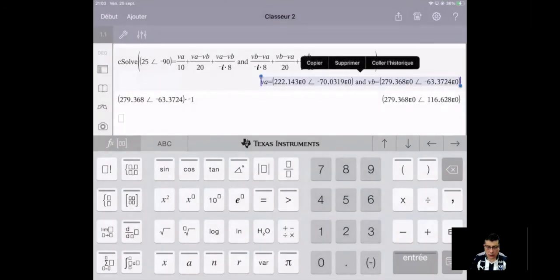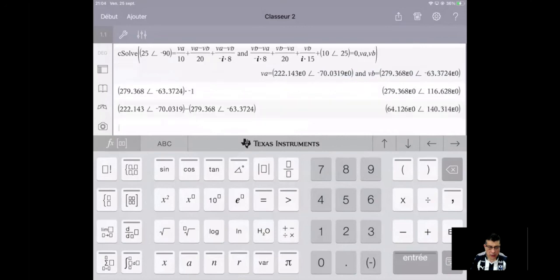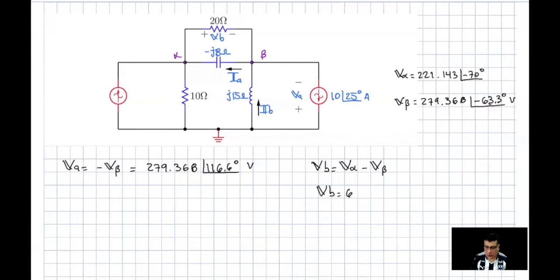Now for VB equals V alpha minus V beta. I'm going to graph my solution and I'm going to subtract this. That's it. And the result is 64.126 angle of 140.3. IB is going to be minus V beta.